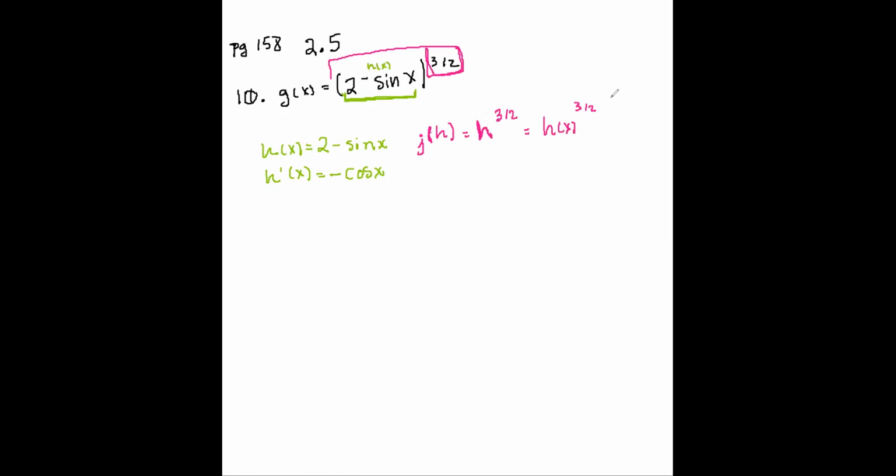I am going to be using the chain rule. So I'm going to find J prime, which is going to be 3 over 2 H of X to the 1/2. Correct? That's right.